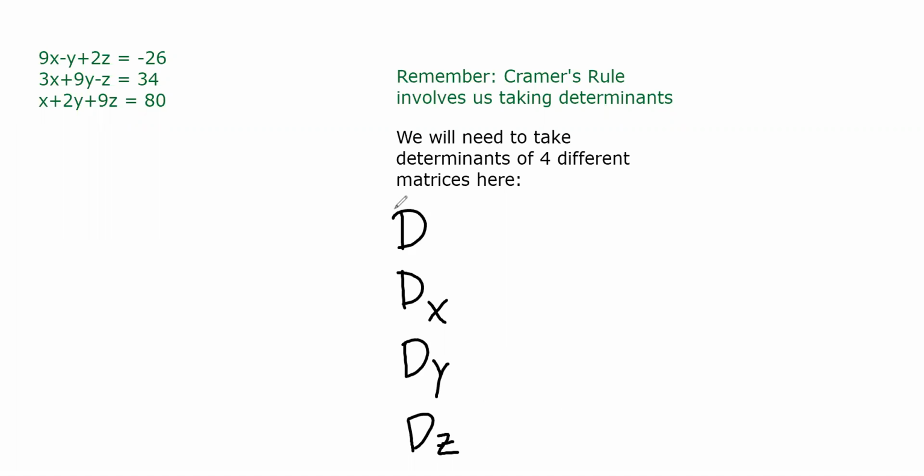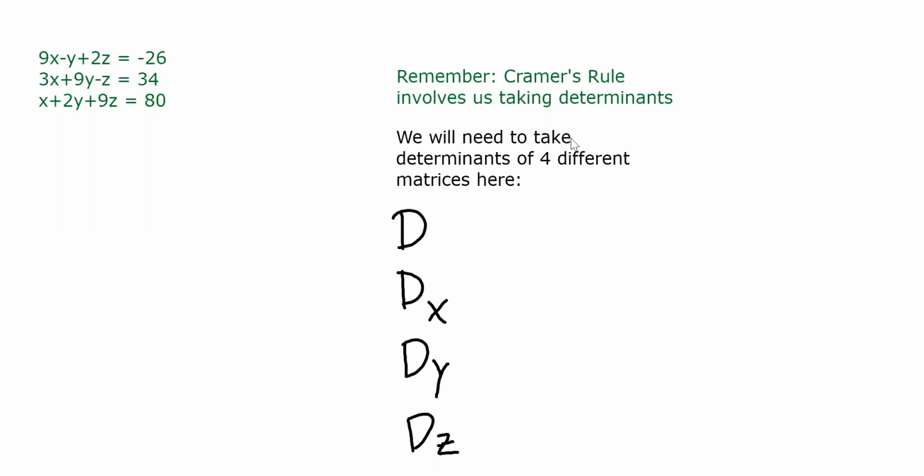So it will likely take us the whole screen just to calculate each of these determinants. But you know what? We're going to do it mostly by hand and use a calculator for little spot calculations here and there. And I think it's going to be a lot of fun. I hope you agree with me on that.